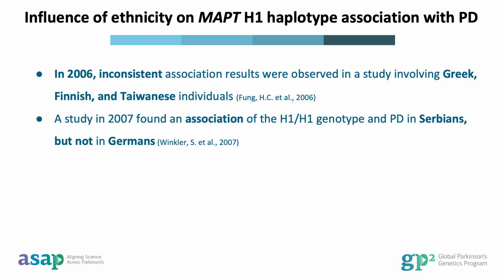For instance, a study in 2006 found inconsistent results among individuals from Greece, Finland, and Taiwan. Similarly, in 2007, another study found an association of the H1 haplotype in a sample from Serbia, but not in Germany.